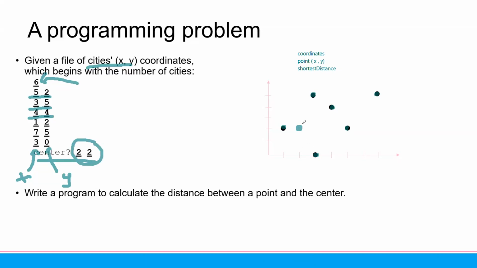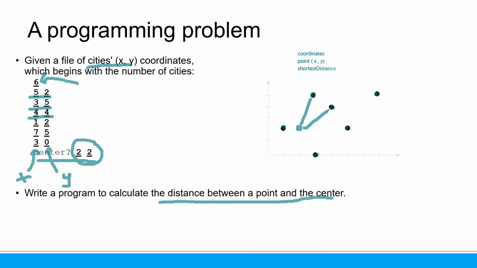I have this center point, and then I need to check the distance between every point and the center. If my truck delivers a product from this point to this point, what is the distance? And so on.